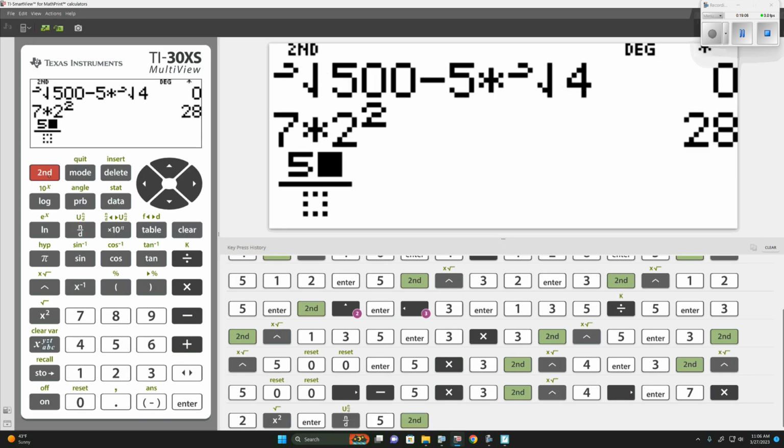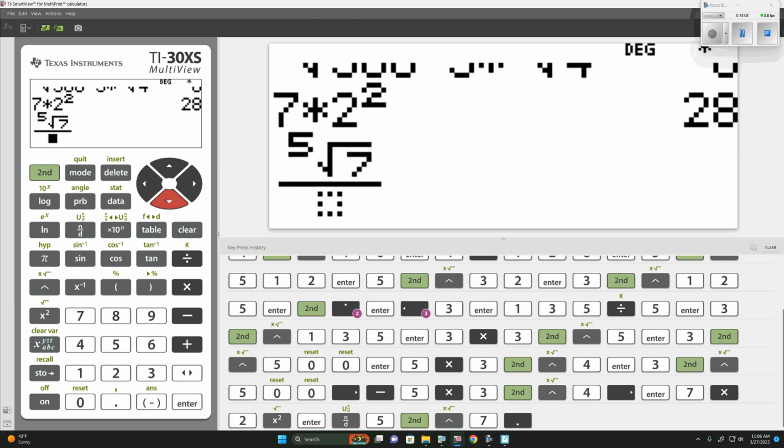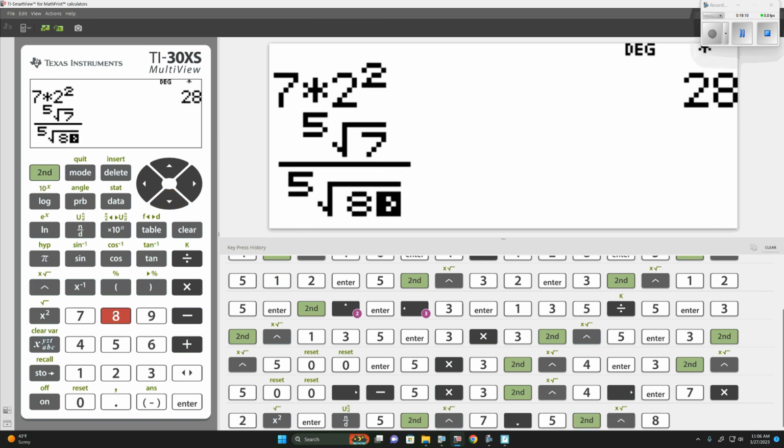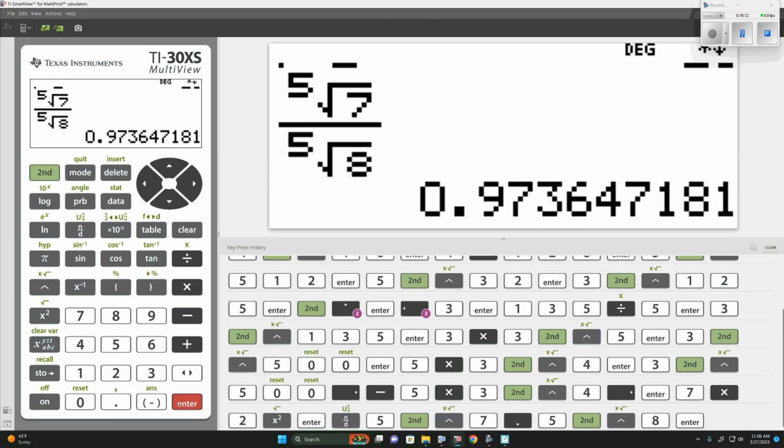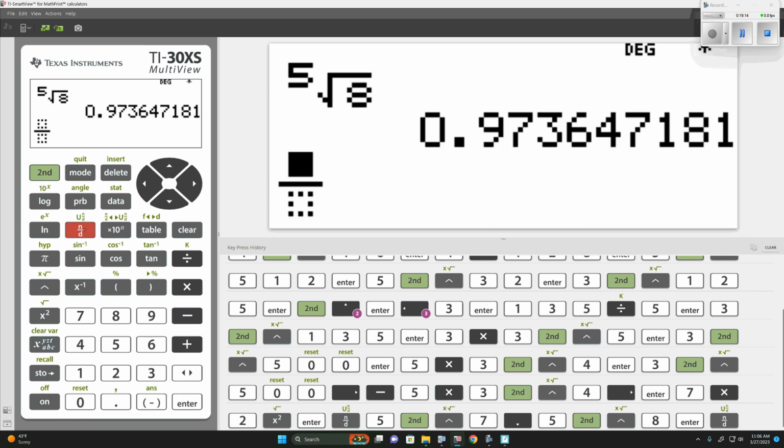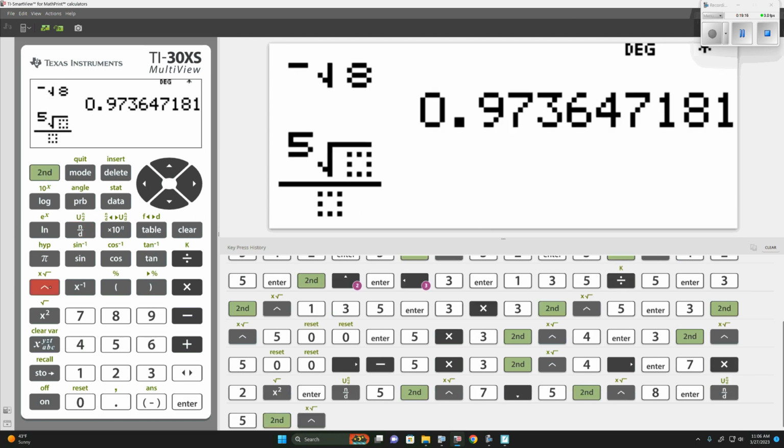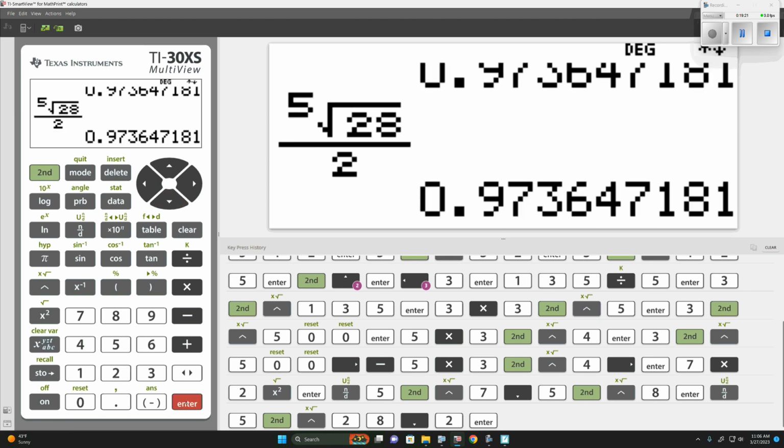So the fifth root of 7 over the fifth root of 8 is this here. If we took the fifth root of 28 over 2, we get the exact same thing. And again, the reason we're doing this is because we don't want to have a radical in the bottom of a fraction.